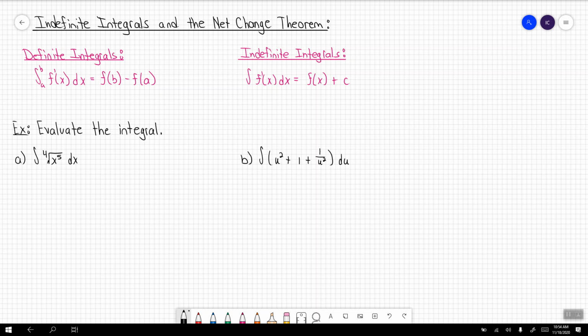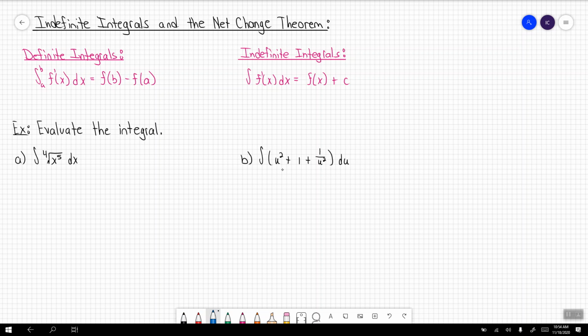In that particular instance, we need to account for the constant c, and c could be any given constant. So, indefinite versus definite, we must always identify what type of integral we are working with, and once we identify it, we then need to keep working. Is it in general or does it have bounds? And we need to evaluate that.